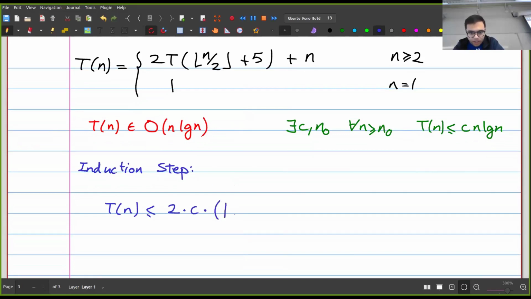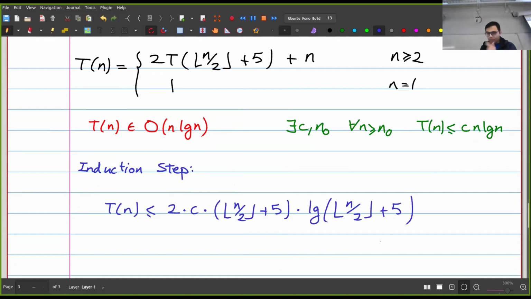n/2 + 5 times the log of this thing. Again, we kind of have the same problem as before, right?